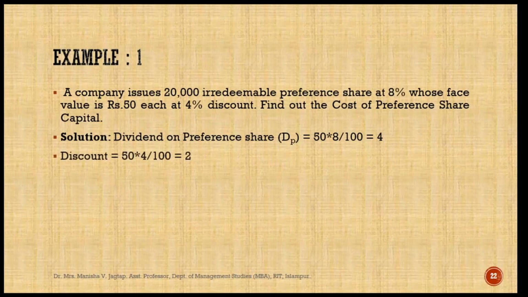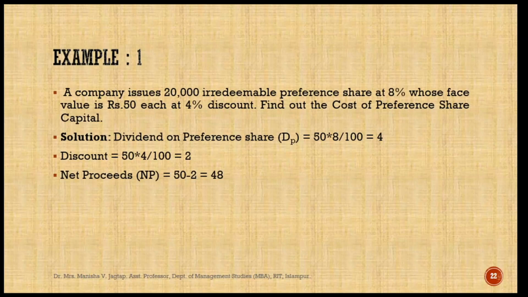Next is calculate discount. It is mentioned that 4% discount. They are issuing at 4% discount. So 50 into 4% will give you rupees 2. Now calculate net proceeds. How to calculate the net proceeds? Face value is 50, but it is issued at discount. The discount we have already calculated.